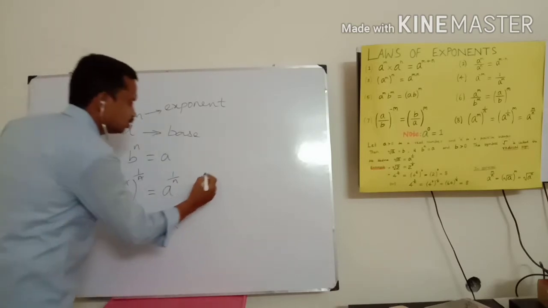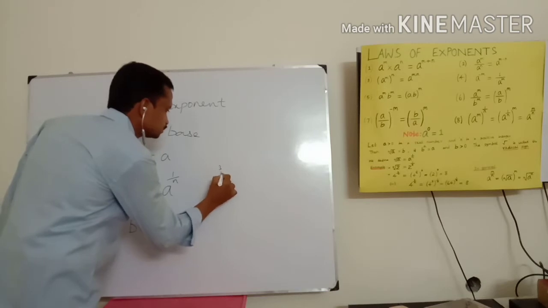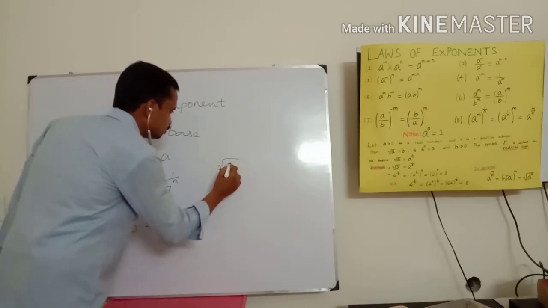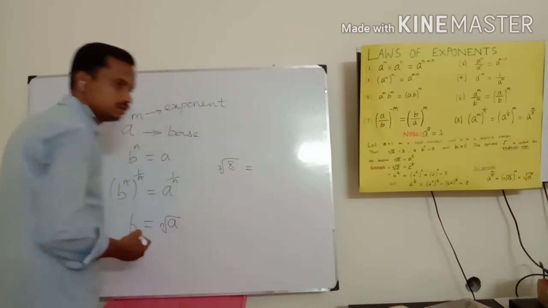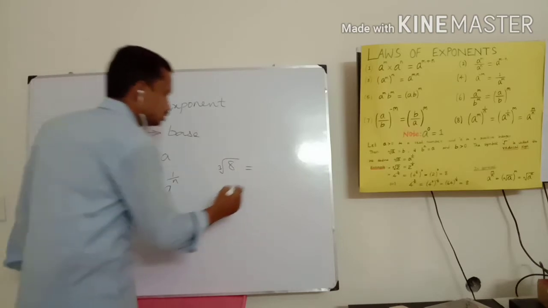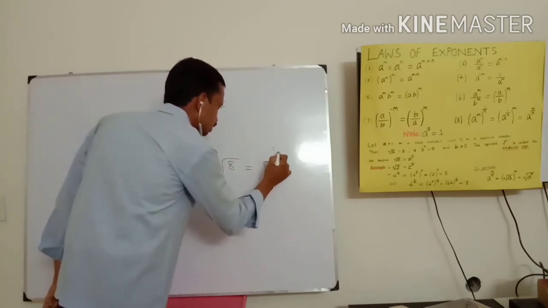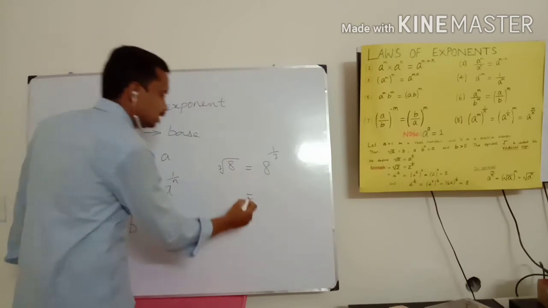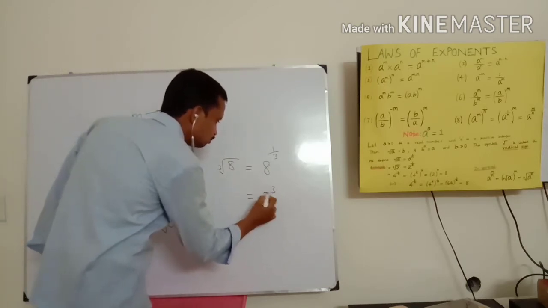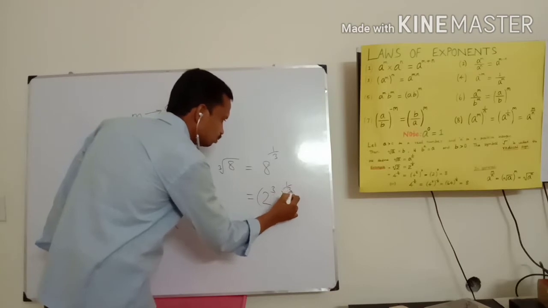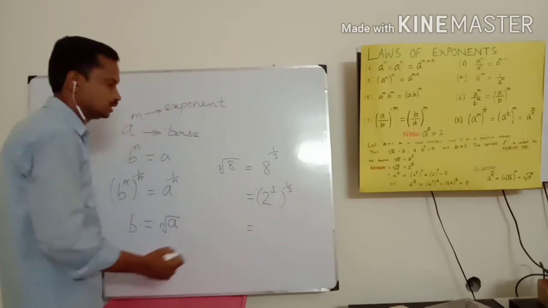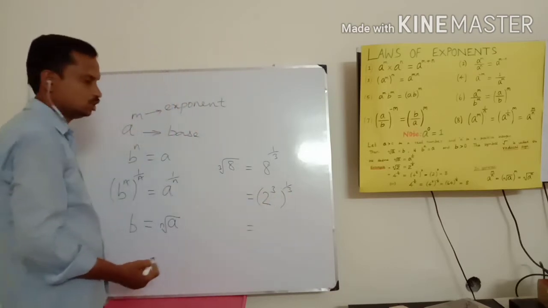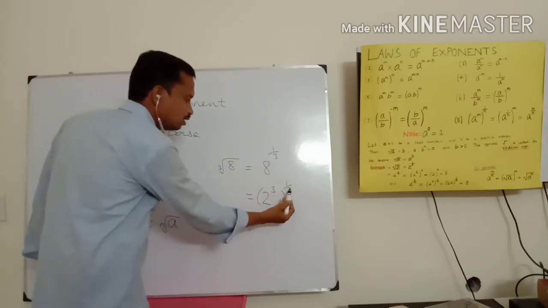So for example, you write cube root of 8, you can write this as 8 power 1 by 3. Yes sir? And this 8 is nothing but 2 cube, and again to the power 1 by 3. Now the power you have to multiply, 3 and 1 by 3.